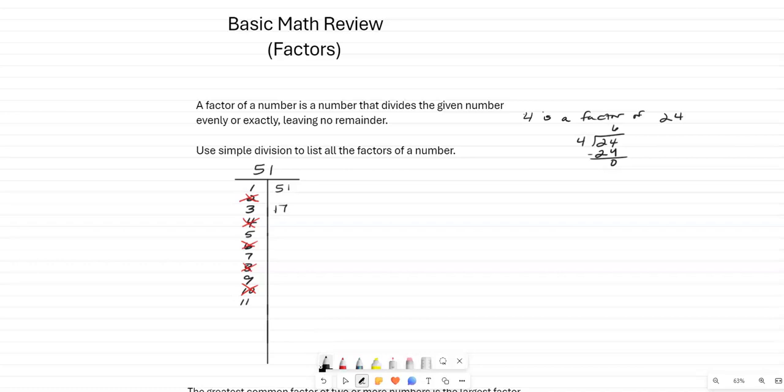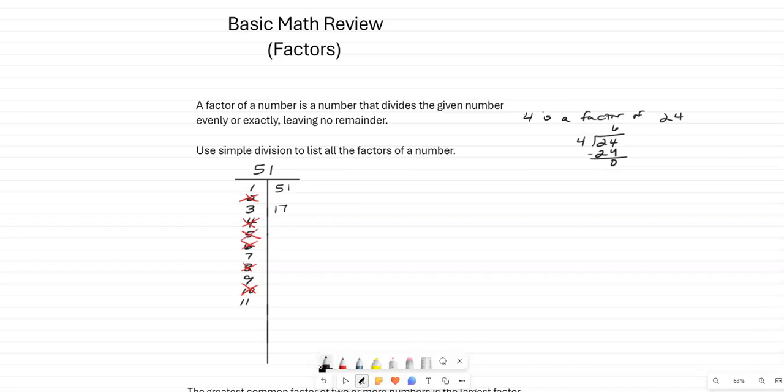Then we go to 51 divided by 5. That does not divide evenly or exactly. And also there's a rule: if the number doesn't end in a 5 or a 0, it will not be divisible by 5. But if you don't remember that rule, that's okay. Just use your calculator. So 51 divided by 5 will not work as a factor because it does not divide evenly.